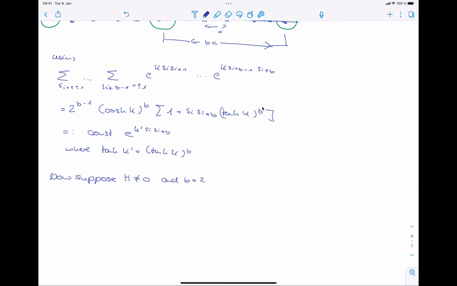Remember, for the applied field, when solving the one-dimensional Ising model, we had introduced the transfer matrix approach.